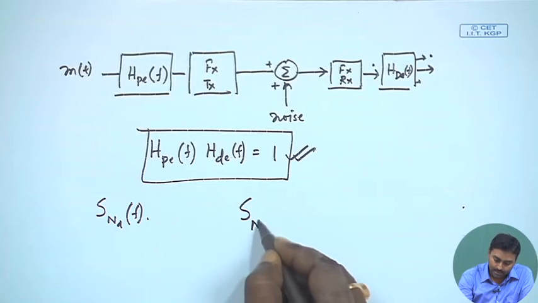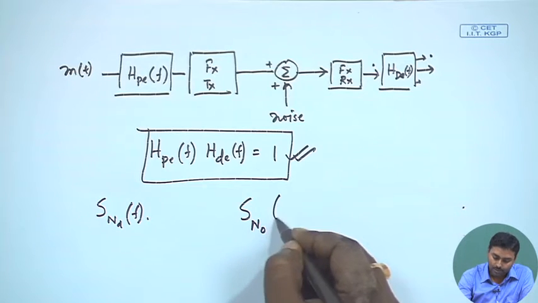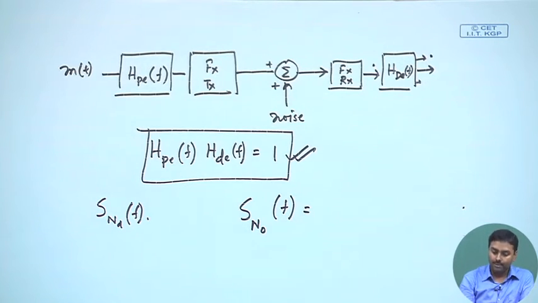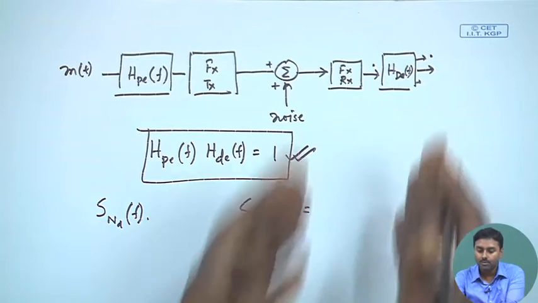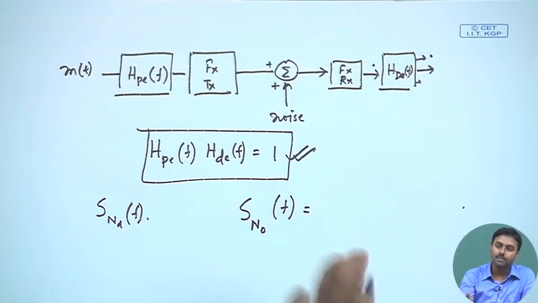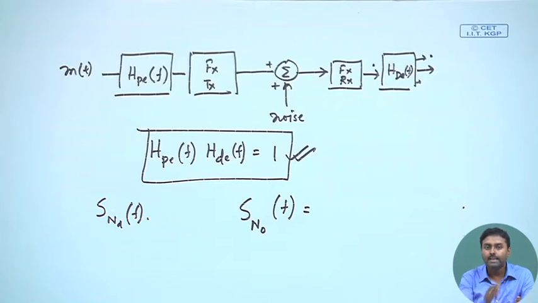So, if at the output I wish to get S_no(f), that must be passing through a filter. Pre-emphasis and de-emphasis are generally chosen to be linear time invariant. So, I can again use the random process theorem we have proven: any random process with a power spectral density, if it passes through a linear time invariant filter, then the output power spectral density will be the input power spectral density times |H(f)| squared. So, the same thing will be happening.